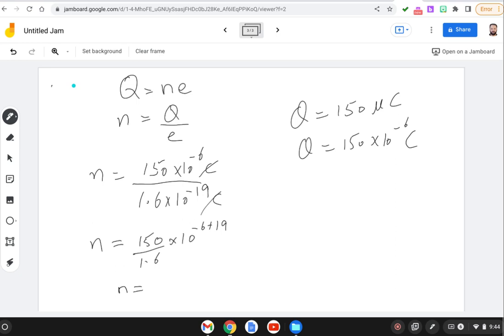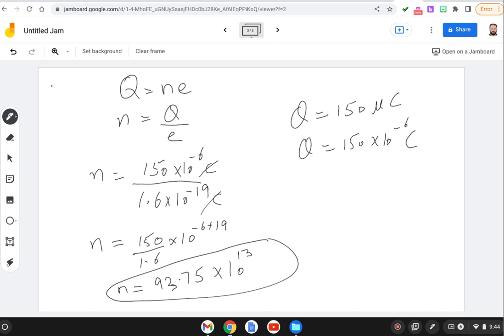Can you tell? 93.75. Okay, times 10 power 13. These are the number of electrons.